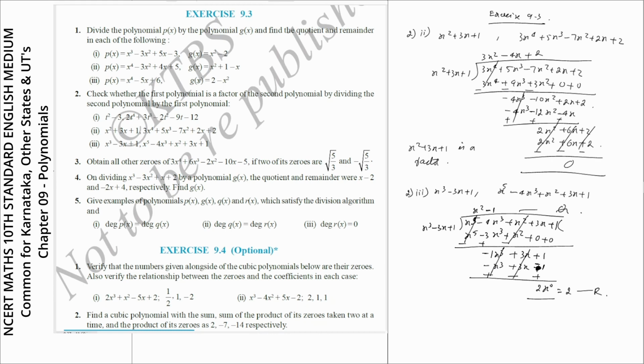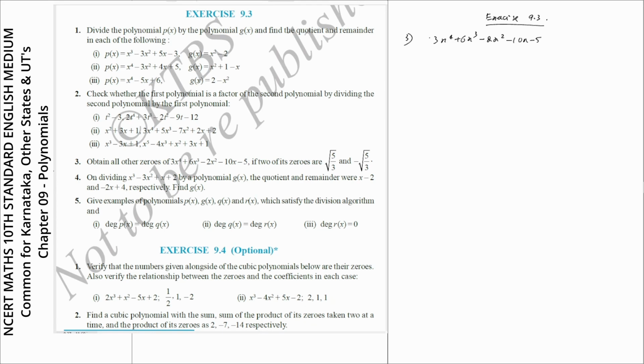And x cube minus 3x plus 1 is not a factor of x power of 5 minus 4x power of 3 plus x square plus 3x plus 1. Okay. If it is a factor, it would divide perfectly and the remainder will be 0. Here the remainder is not 0, so it's not a factor.